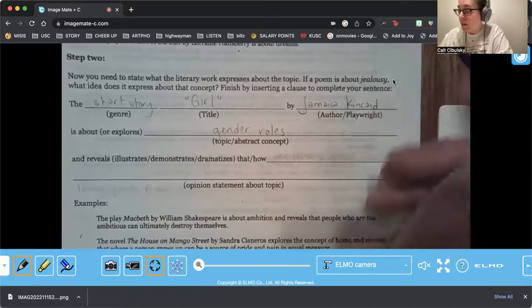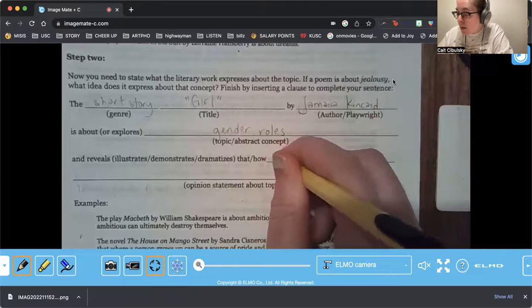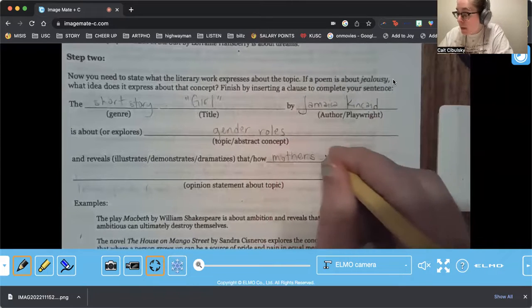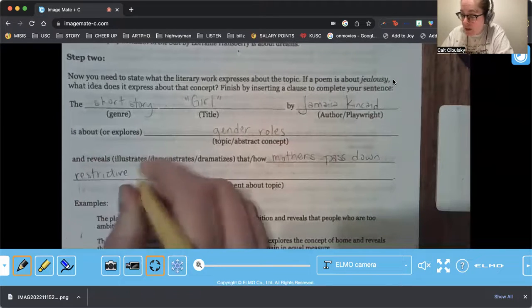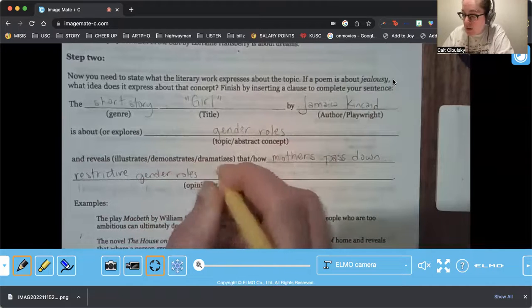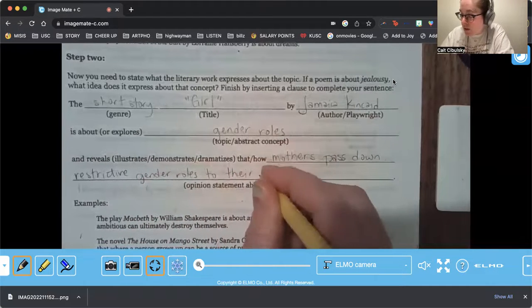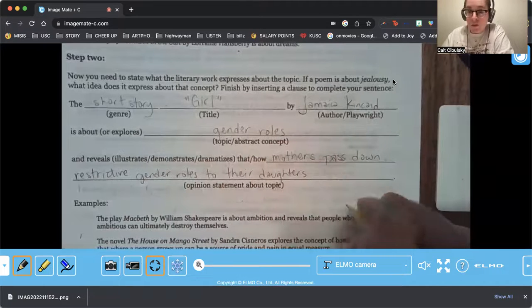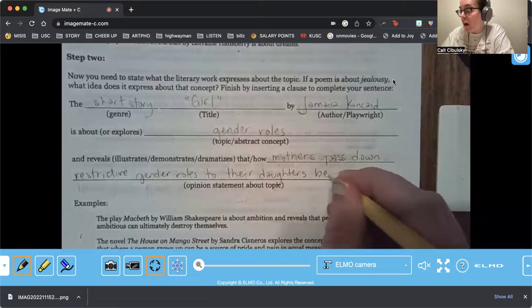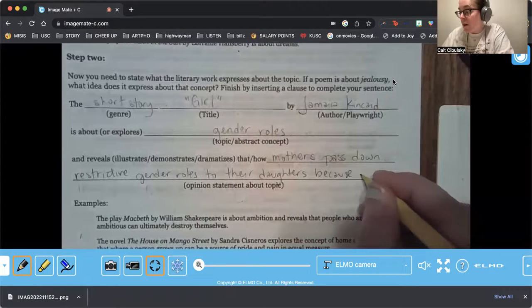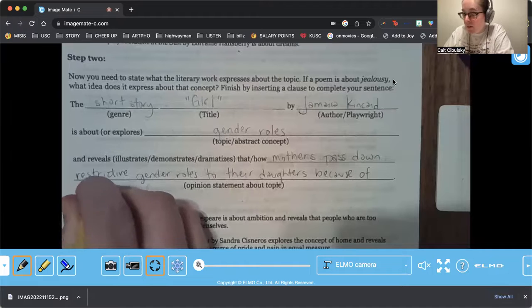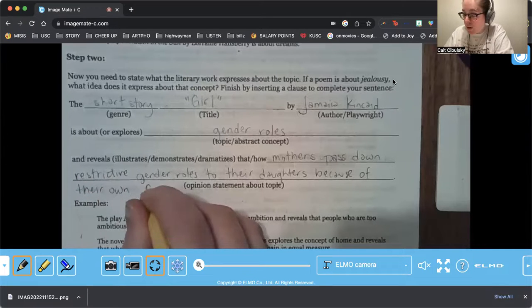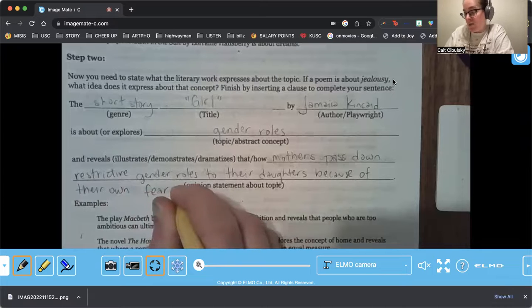It reveals that mothers pass down restrictive gender roles to their daughters because of their own fears.